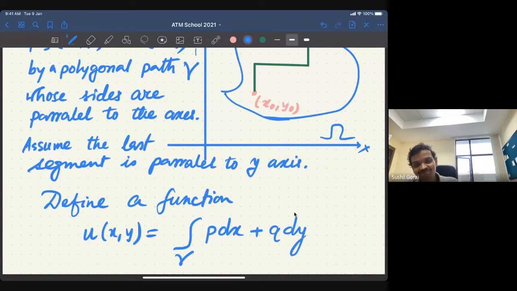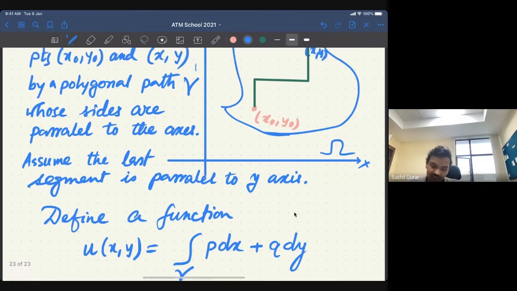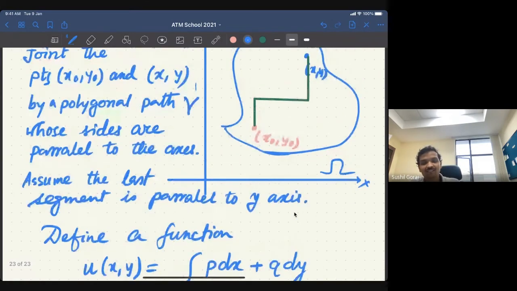It's a simple thing, you have to choose the right path. So path gamma is a path joining (x0,y0) to (x,y), which is polygonal, each side is parallel to an axis, and the last one is parallel to the y-axis.